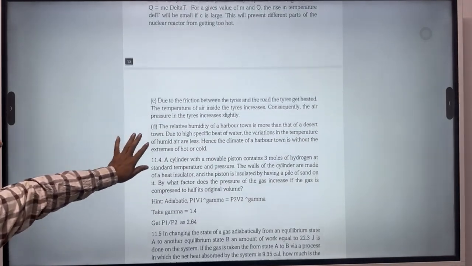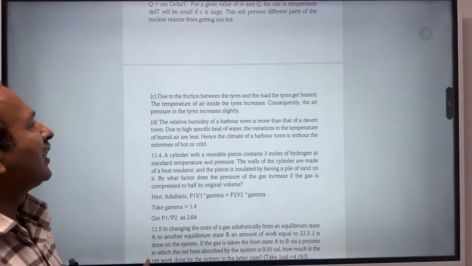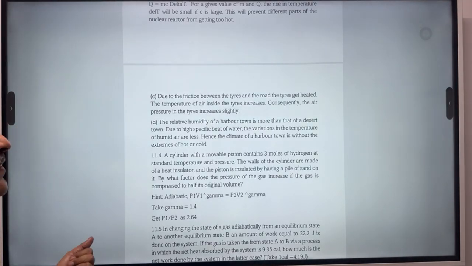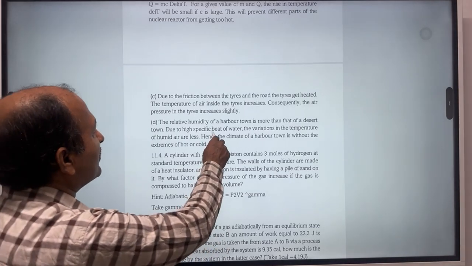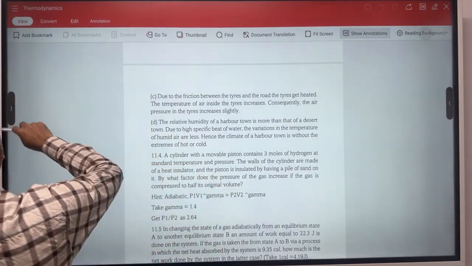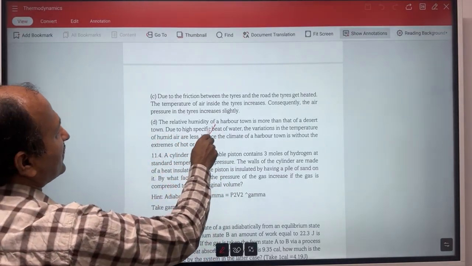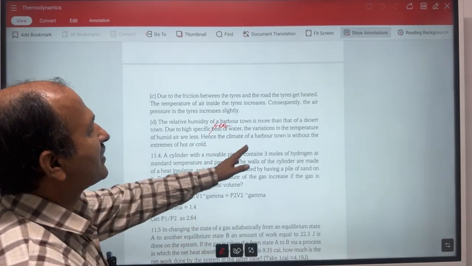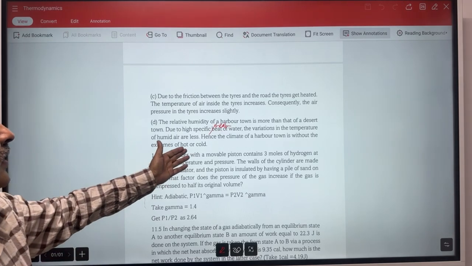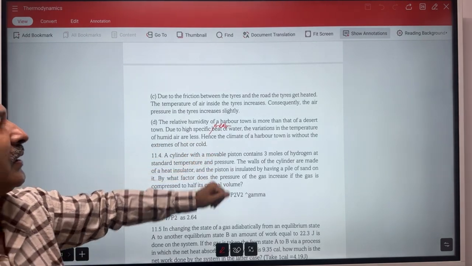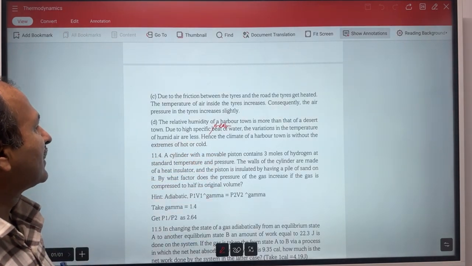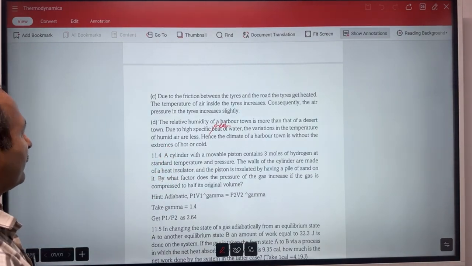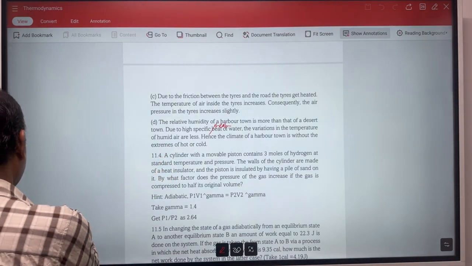The relative humidity of a harbor town is more than that of desert town due to high specific heat, not this beat, it's a mistake. Due to high specific heat of water, the variation in the temperature of humid air is less. Hence, the climate of harbor town is without the extreme of hot or cold, right? And let's see next question.